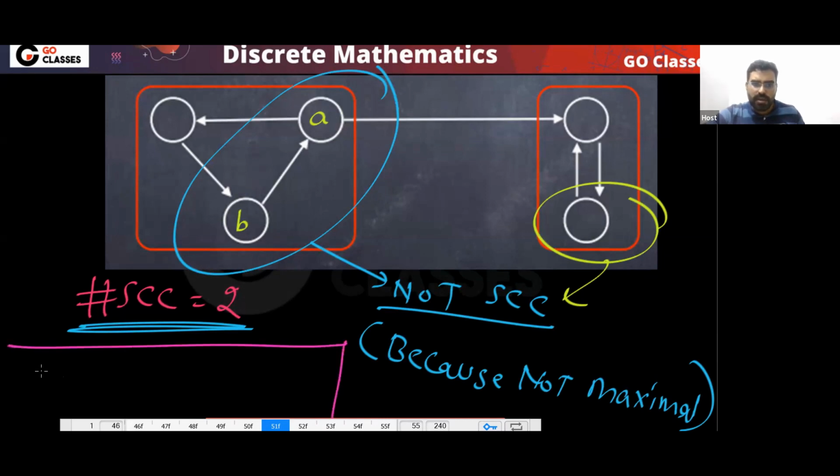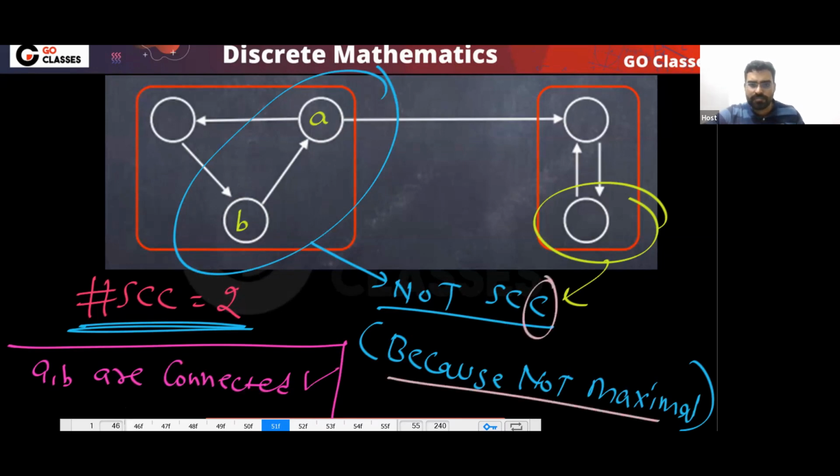Please understand, A, B are strongly connected, that is fine, but this AB is not a strongly connected component. Is this clear? Component means this should be maximal.